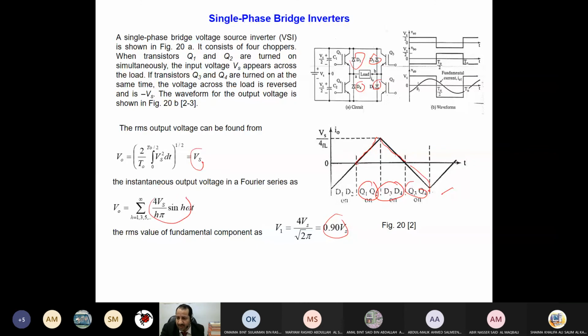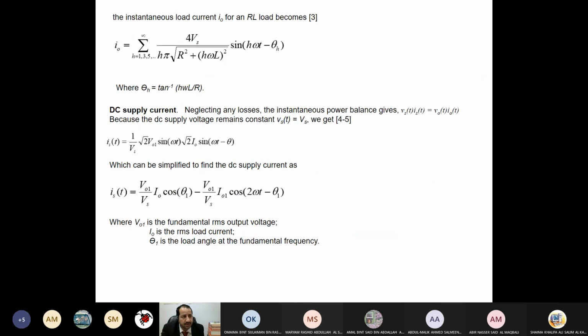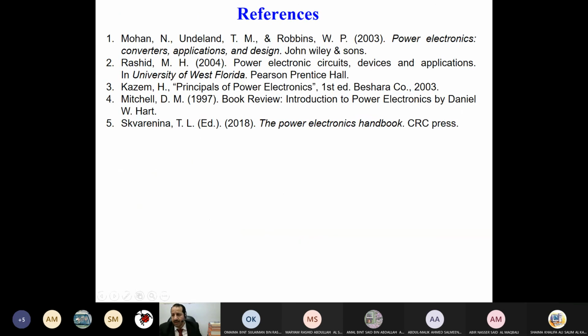Just one difference here: it's VD or VS, not VD over 2 or VS over 2. It means we multiply by 2. The same thing for the output current, and the same for the DC current. We derived these formulas and we discussed them.